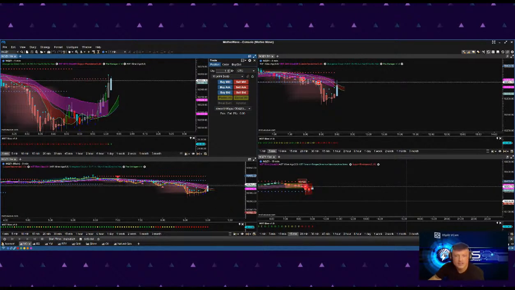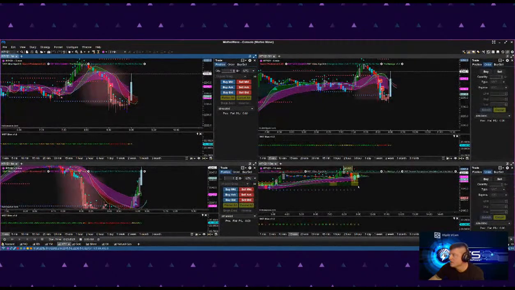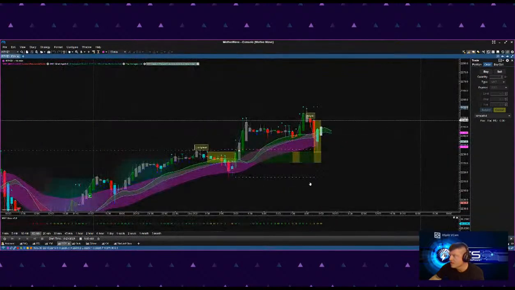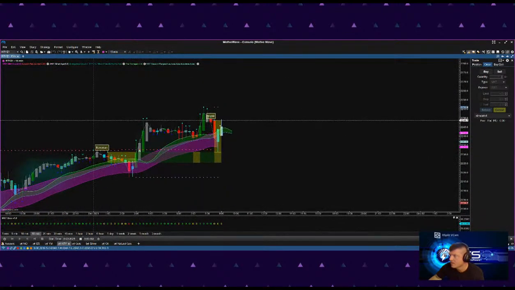All right. So our RTY is showing a 6-star buy on the 1 minute, 3 minute, 5 minute, 15 minute, but still showing a neutral on the 15 minute opening range right here.